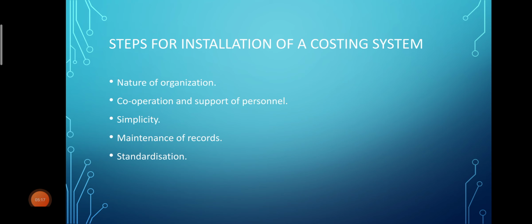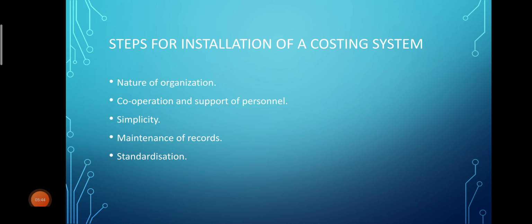Third point is simplicity. Cost accounting should be simple and easy to operate. Next point we have seen is maintenance of records. For ascertainment of cost, proper records should be maintained. Whatever forms or records they are maintaining should be simple and the clerical work has to be reduced so that employees will support it.